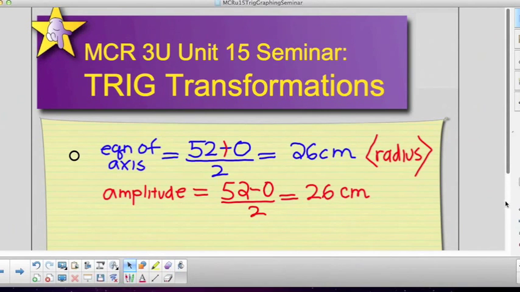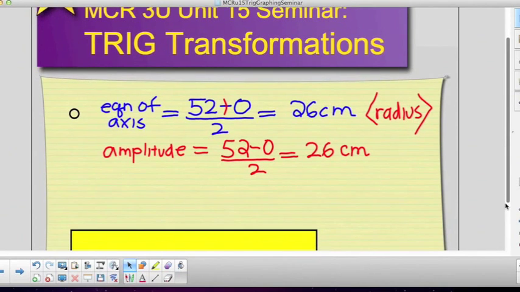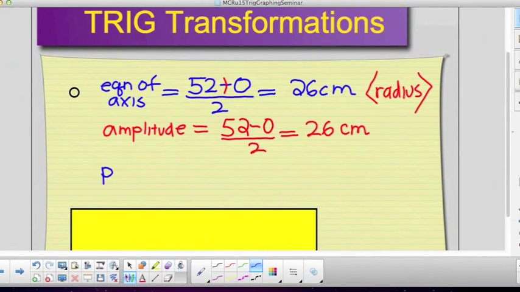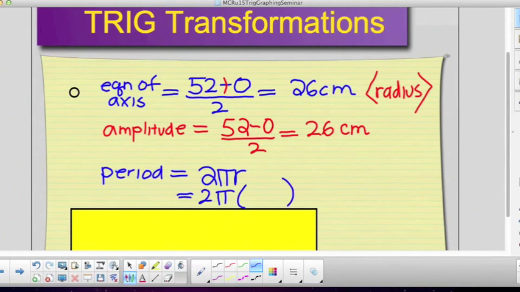Period is a little bit more complicated. My period is going to be the circumference of a circle, which is 2 pi r. Whenever we're dealing with circular objects, the period is the circumference. And 2 pi multiplied by my radius of 26 will give me 163.4 centimeters.